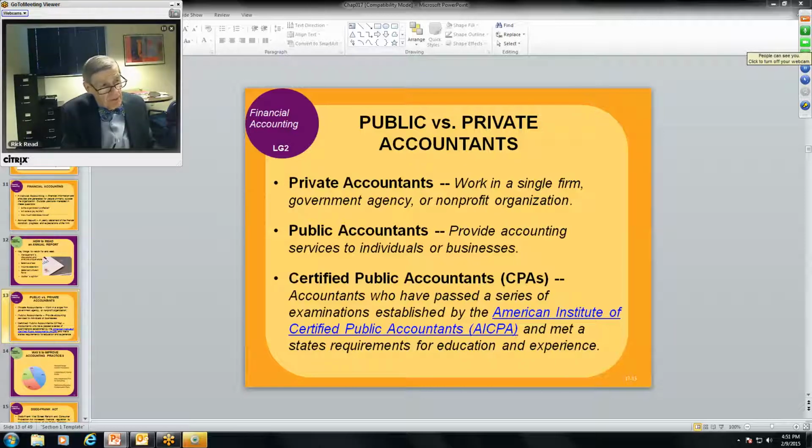A certified public accountant is an individual who has, number one, and let's just talk about the state of Ohio, a bachelor's degree, and approximately, as I remember, 24 to 30 hours of extra college coursework over and above the requirements for a bachelor's degree.